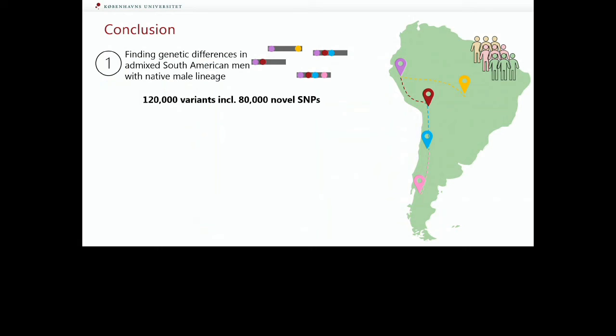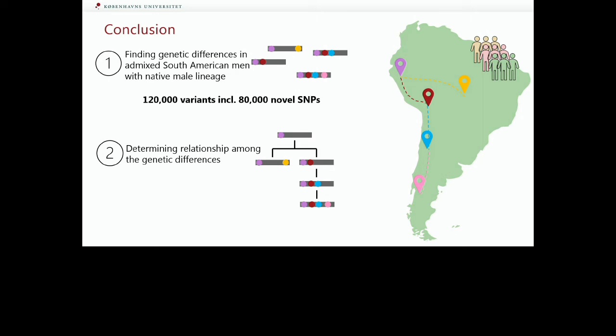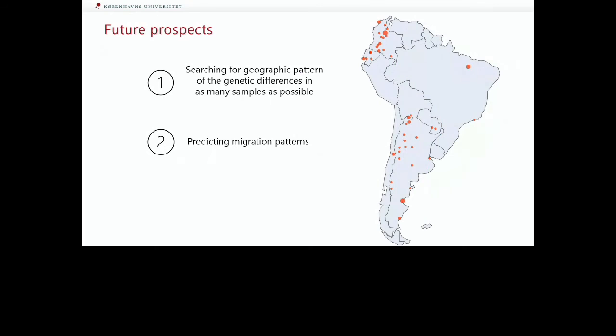So overall, we were able to find 120,000 variants when including the literature data, and those meant that we found 80,000 novel SNPs. We were able to put them into relation compared to the QM3 lineage, but now we want to search for geographic patterns of these genetic differences in as many samples as possible in order to predict migration patterns.